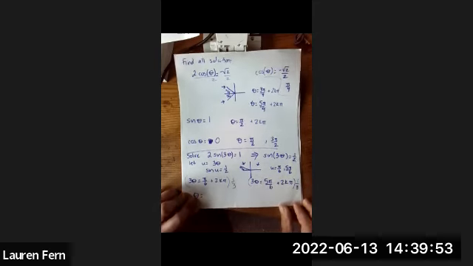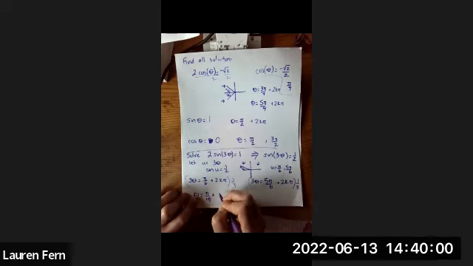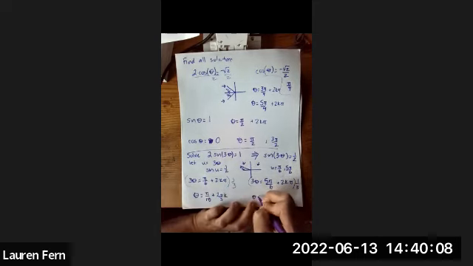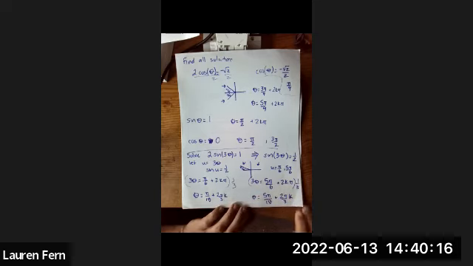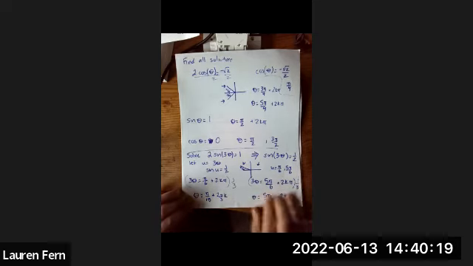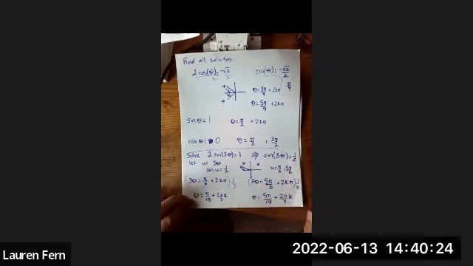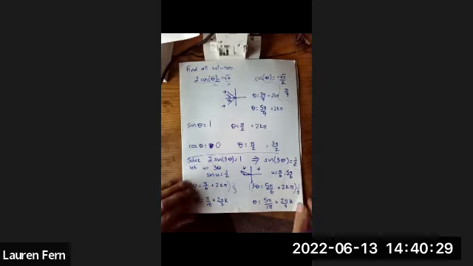So I claim that my solution, well, pi over 6 times 1/3 is pi over 18 plus, well, this is essentially 2 pi over 3 k. And here I get 5 pi over 18 plus 2 pi over 3 k. So notice my way of solving is very much the same. I just did a little substitution. And you can certainly check your answers by plugging the values in.